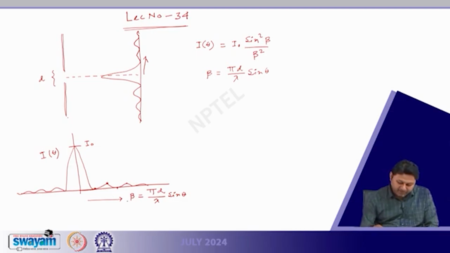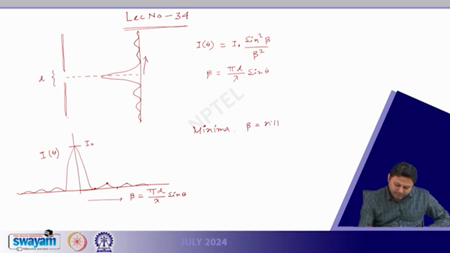And this 0 point is the minima, and the condition of the minima we figured out last day. Minima when beta is equal to n pi, where n is 1, 2, 3 and so on.